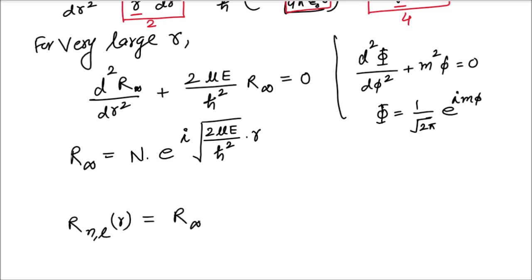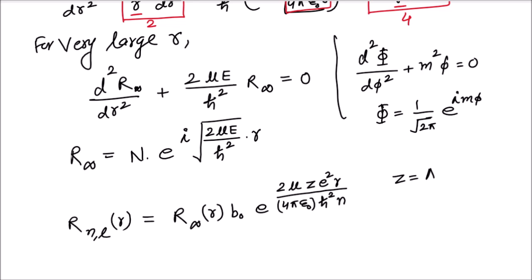It is equal to R infinity depending upon r, into some constant, and e raised to the power 2 mu Z e square r divided by 4 pi epsilon naught h bar square into n. Z is the nuclear charge, or we can say atomic number.